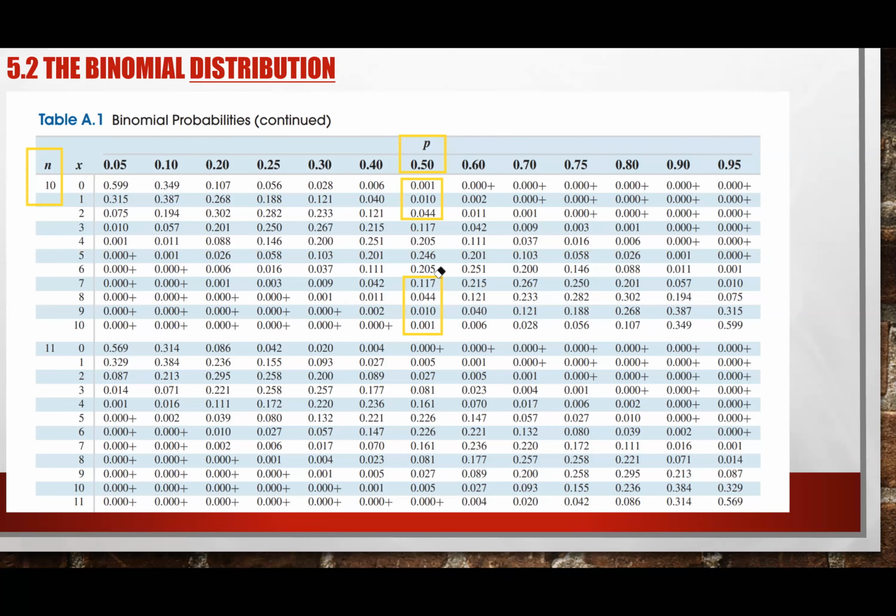So the only problem with this table, ladies and gentlemen, is that if you look at this table, it is fixed in that it only gives you the 5%, the 10%, the 20%, the 25%, the 30%, the 40, the 50, the 60, the 70, 75, up to 95. What if the probability of something is 38?